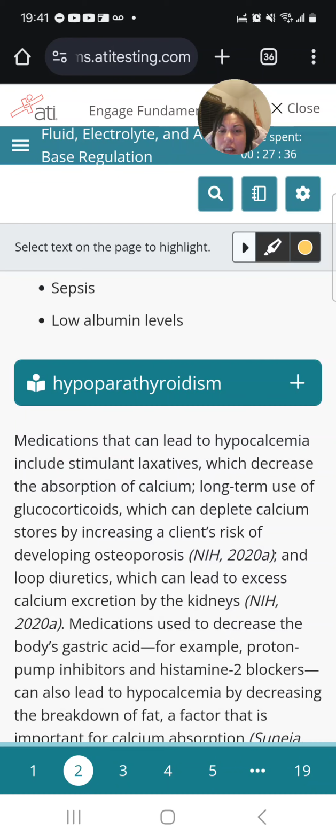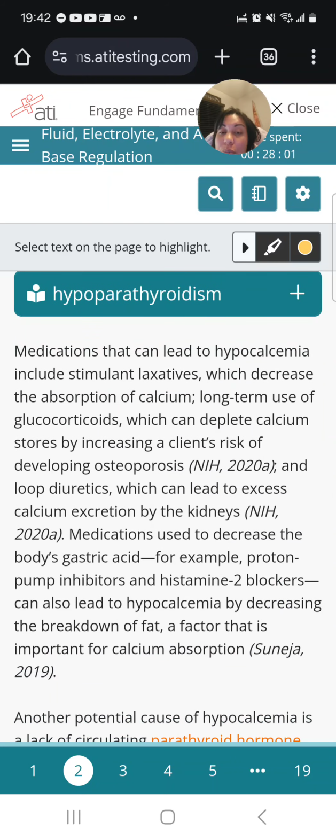Medications that can lead to hypocalcemia include stimulant laxatives, which decrease the absorption of calcium. Long-term use of glucocorticoids can deplete calcium stores by increasing the client's risk of developing osteoporosis, and loop diuretics can lead to excess calcium excretion by the kidneys.